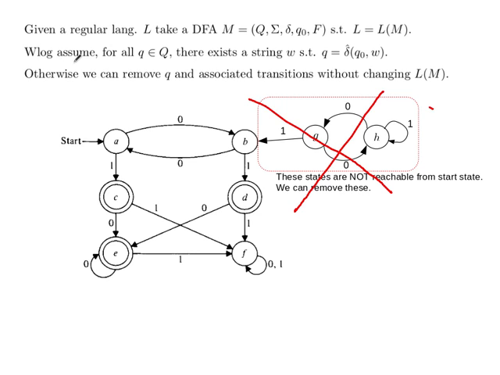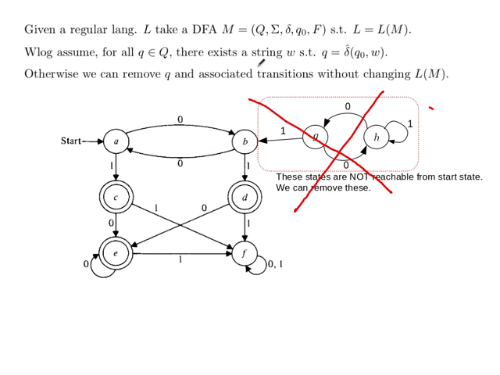So without loss of generality, we assume that all the states in your DFA, so for all states, there exists a string W such that you can reach this state if you process this string starting from Q0, right? So here you can reach processing 0, here processing 0, 1, here processing 1, here processing 1, 1, here processing 1, 0, and so on, but you cannot reach here processing any string.